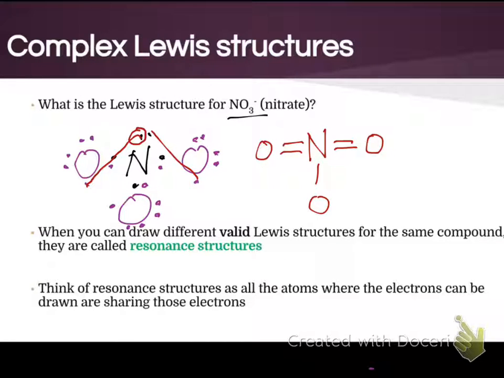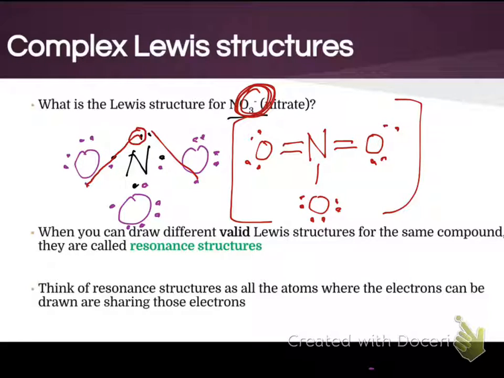The ones that are double bonded have two valence electrons, like this. And initially it looks like the single bonded oxygen has still only 7 valence electrons. However, we forgot to include the negative sign on your polyatomic anion. So that means that that extra electron must belong to the single bonded oxygen.